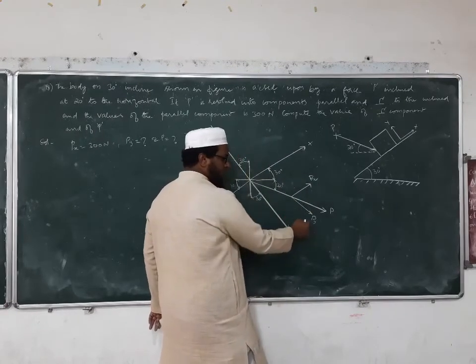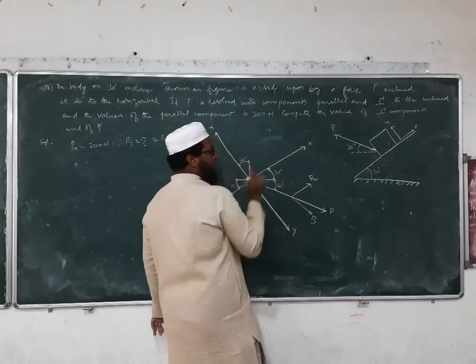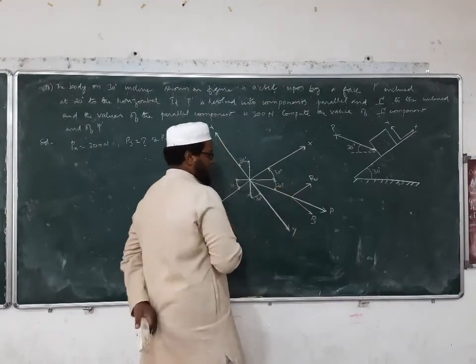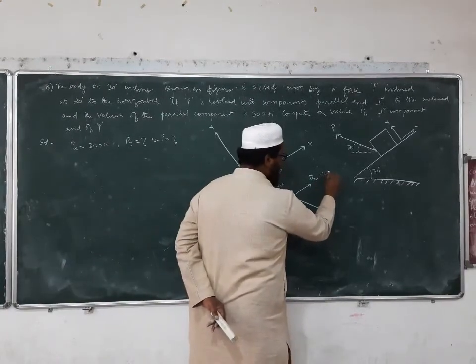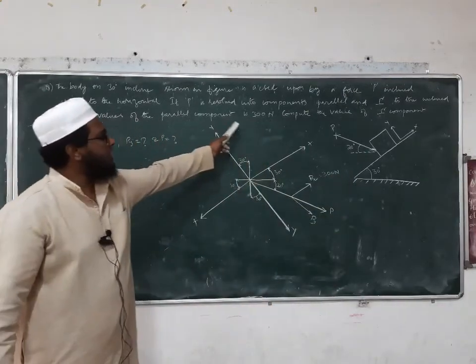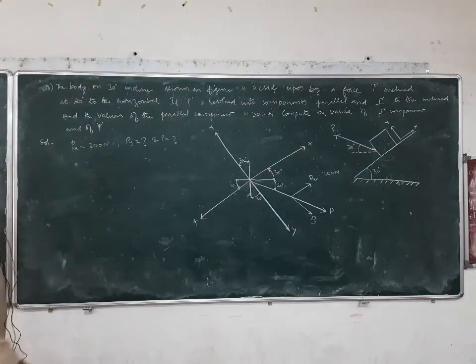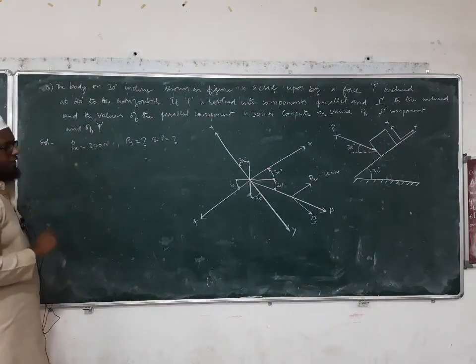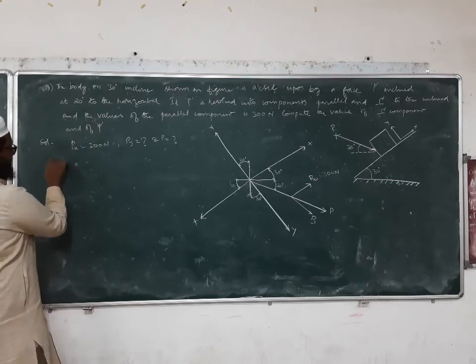Px should be parallel to our x axis, and Px is given to us, that is how much? 300 Newton. The parallel component is 300 Newton. Compute the value of the perpendicular component and P. So Px is equal to 300 Newton, which is given to us. Okay. So we can calculate.